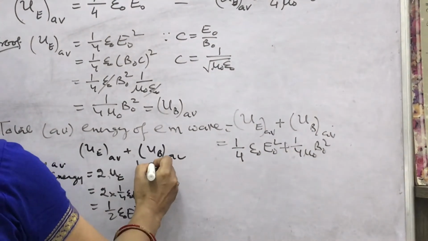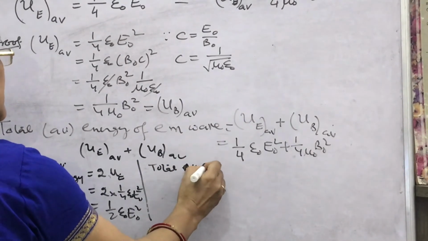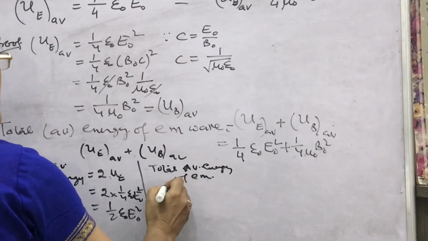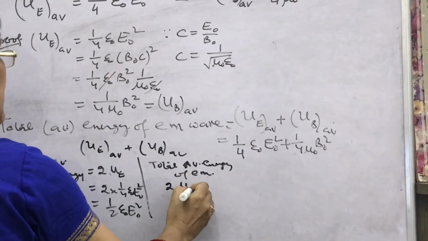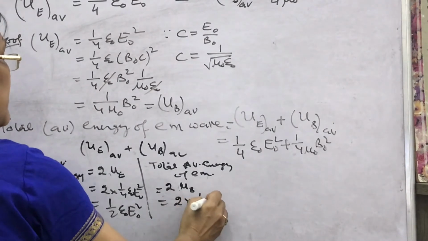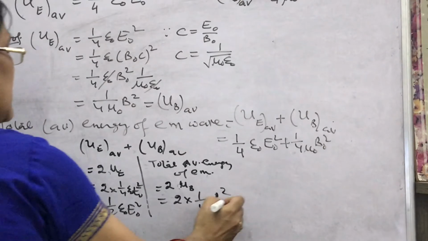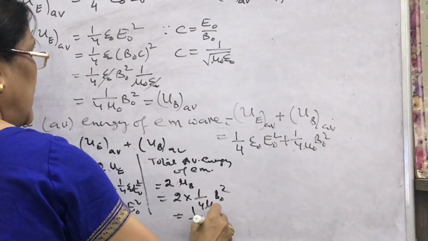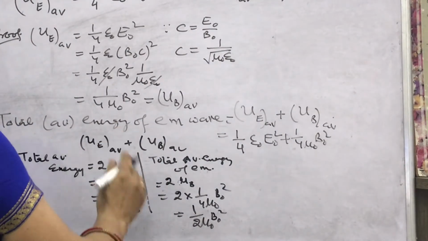Or you can write it in the magnetic form, that is, the total average energy of the EM wave will be written as 2 UB average. Then what will be here? 2 into 1 by 4 mu naught B naught square. Then what will you get here? Same, this is 1 by 2 mu naught B naught square. So how will you learn?